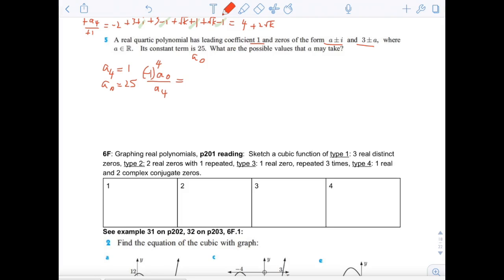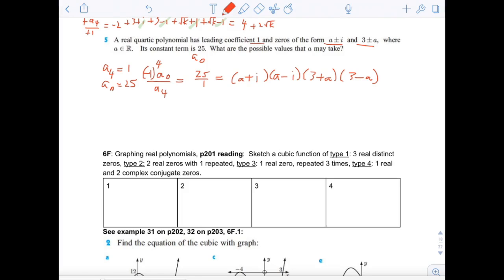So basically that's equal to 25 divided by 1. So that's equal to (a plus i) times (a minus i) times (3 plus a) times (3 minus a).